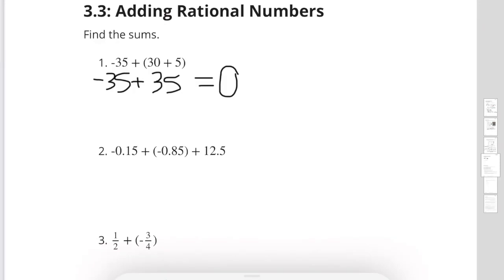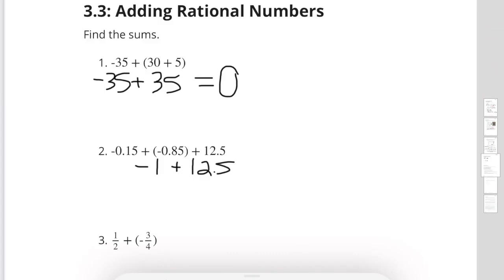So if I have negative 1500ths plus negative 8500ths, so it's a negative plus a negative. So if I start in the negatives and I add in the negative direction, that means I'm going further negative. And that would put me at negative 1. So now I have negative 1 plus 12.5.